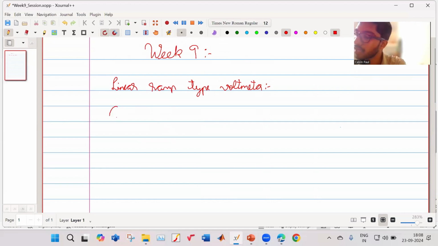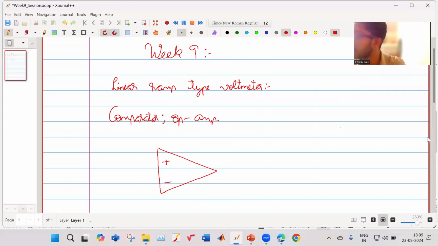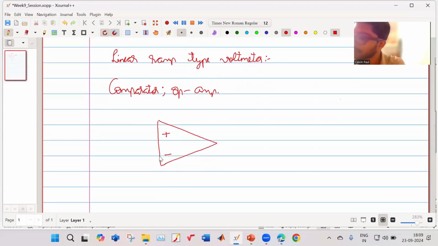So suppose we have a comparator, a comparator with an op amp is used. This is my voltage Vx, which is unknown, which I want to measure.